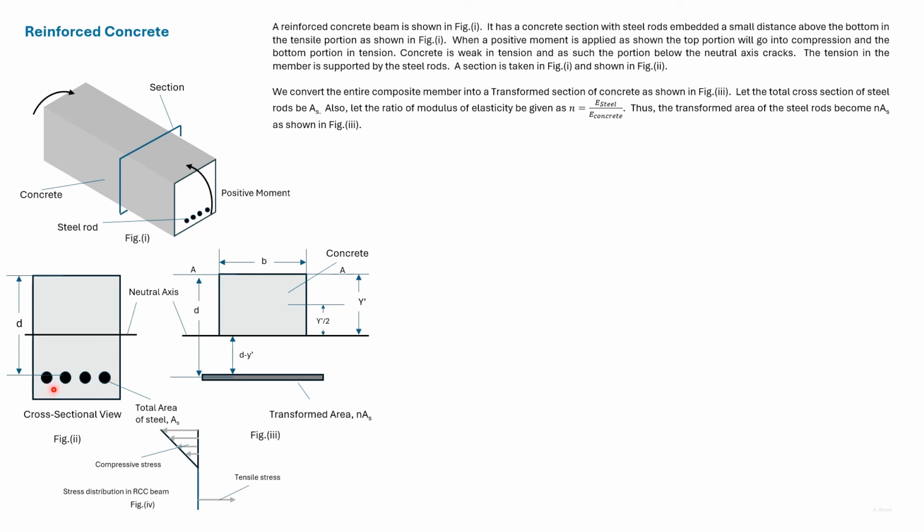If the total area of steel is As, then the transformed area here is nAs. So when a positive moment is applied, this diagram gives the stress distribution.